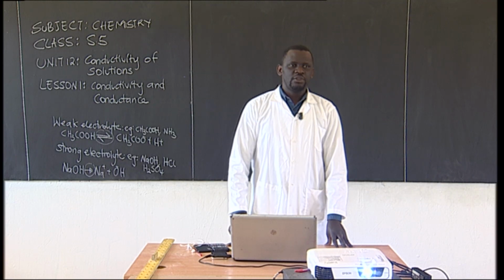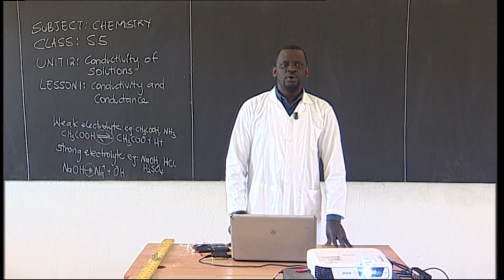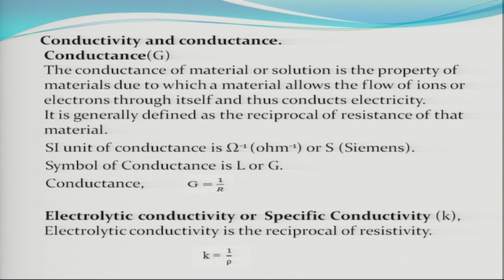Actually, conductance of a material or a solution is a property of materials due to which a material allows the flow of ions or electrons through itself. So you observe that there is a relationship between flow of electricity and flow of ions and flow of what? Electrons.